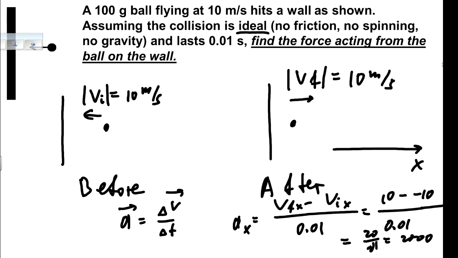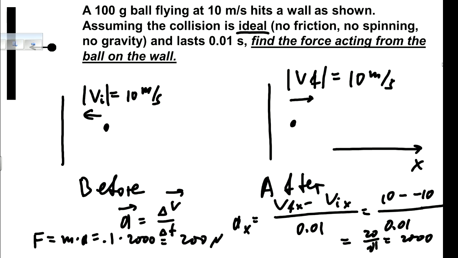Mass times acceleration gives the force, so we can calculate the force. 100 grams, can we use grams? No, convert into kilograms. Uh, 200 newtons. Now, how do we use this?